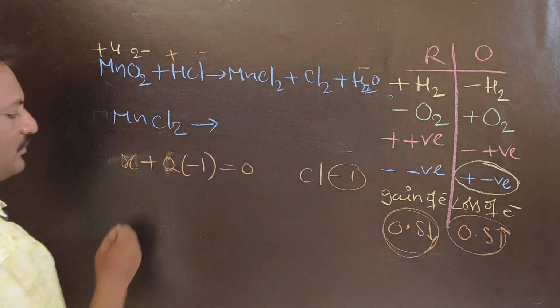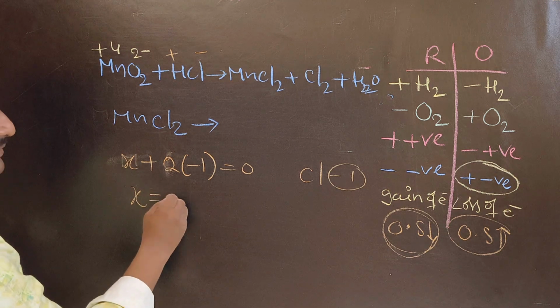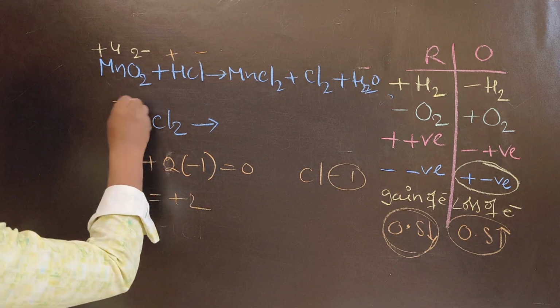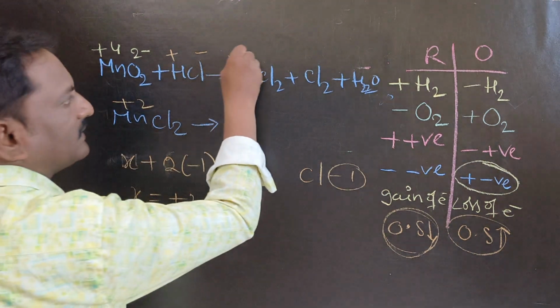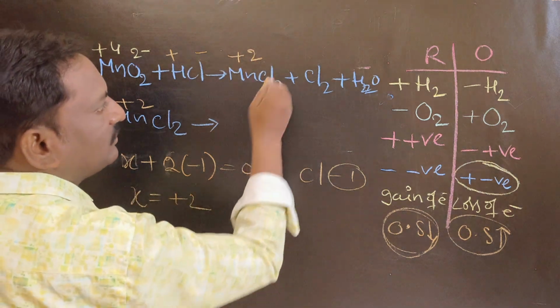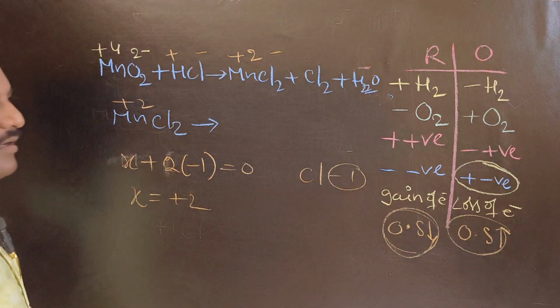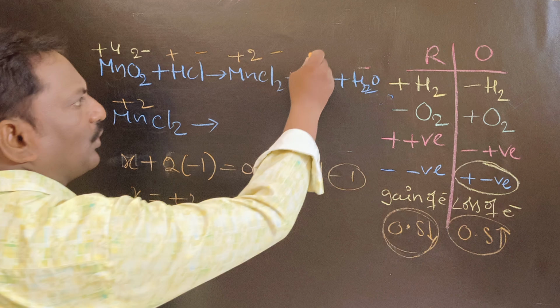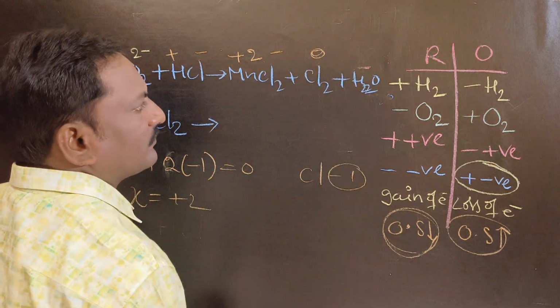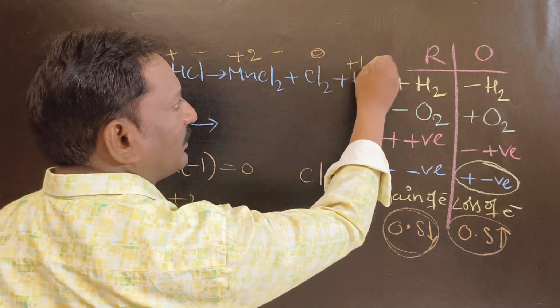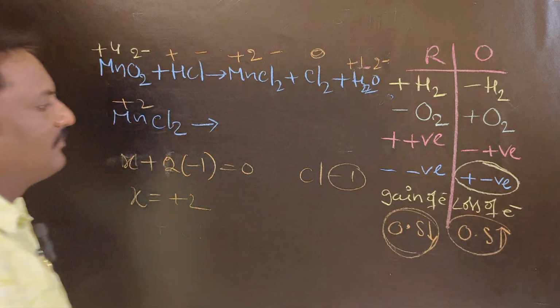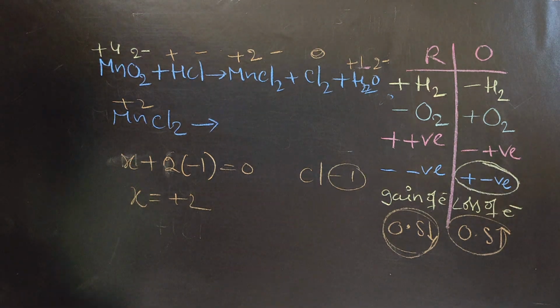Right, total equal to 0. x equals plus 2. Here this one is plus 2. So in manganese chloride, manganese is plus 2 and each chloride ion is minus 1. The chlorine in molecular form is 0. In water, hydrogen is plus 1, oxygen is 2 minus. Please remember this one.